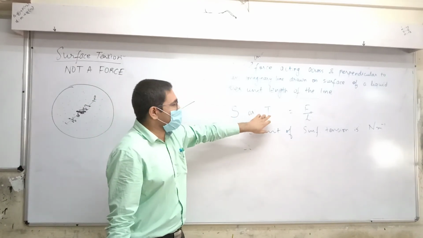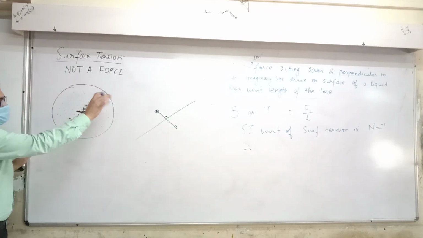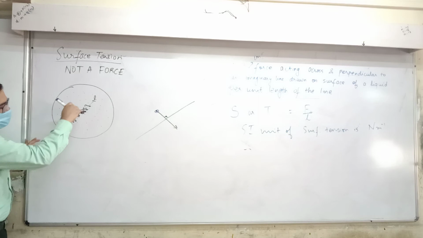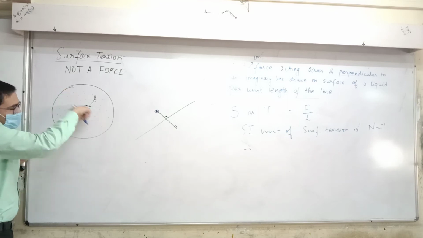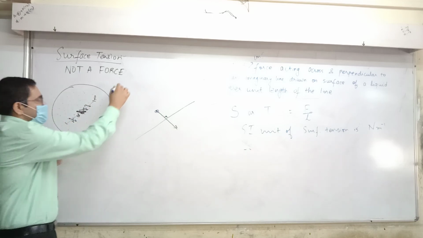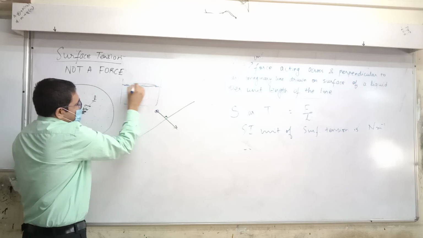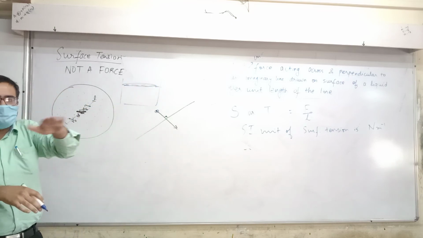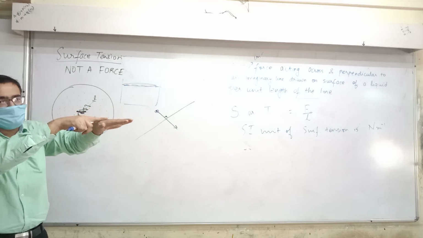Surface tension. One thing I'd like to clarify further is in which direction these forces act. They are perpendicular to the line, but they are in the plane of the surface. What do I mean by in the plane? Suppose there is a beaker like this, and I am on the surface. It is in that plane. See the difference?